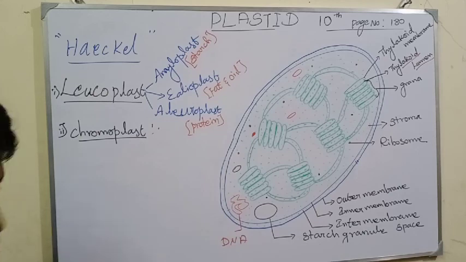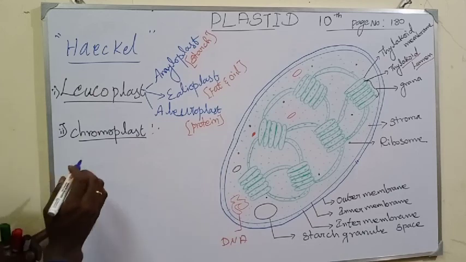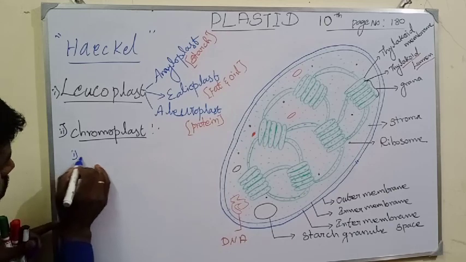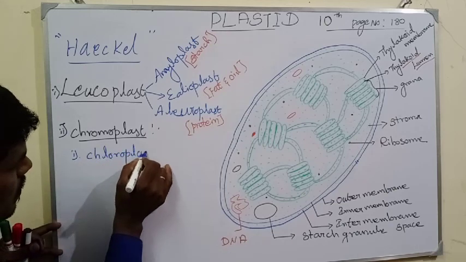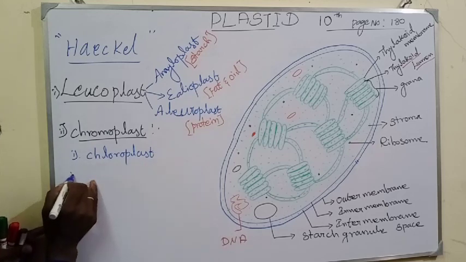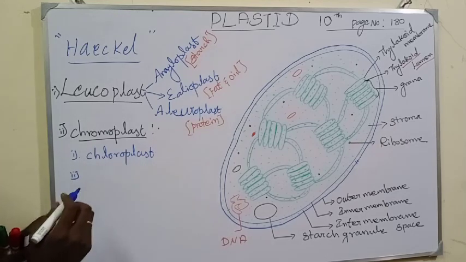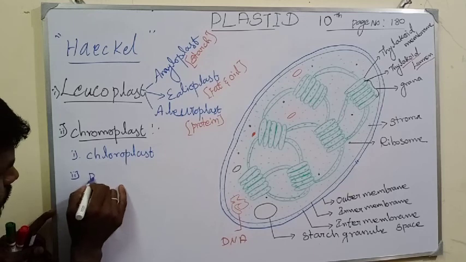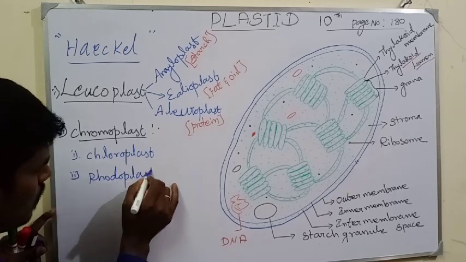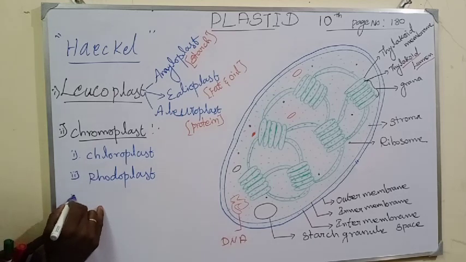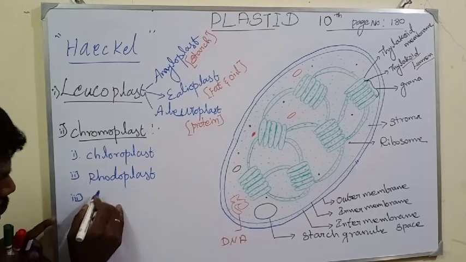What are they? First one, chloroplast. And second one, rhodoplast. And third one, phaeoplast.